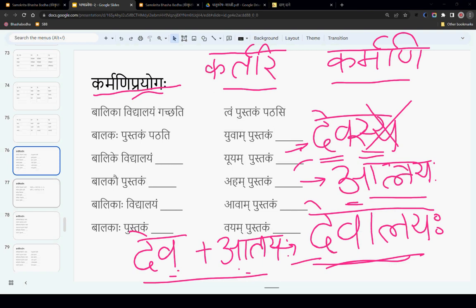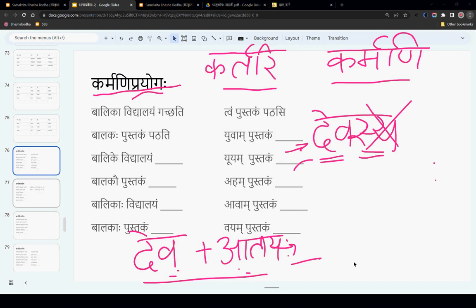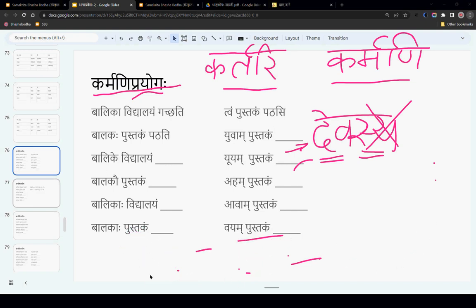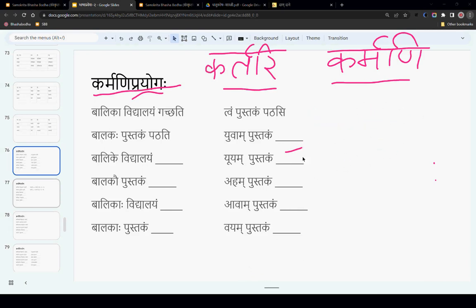However, in some cases, because of how the usage has evolved, there are exceptions, like what we have seen in kartari prayoga, karmani prayoga, and atmane pada, parasmai pada, etc. So even though it is a samastapada, the first part does not lose its vibhakti ending, vibhakti anta. So other examples, general examples we see, Yudhishthira.